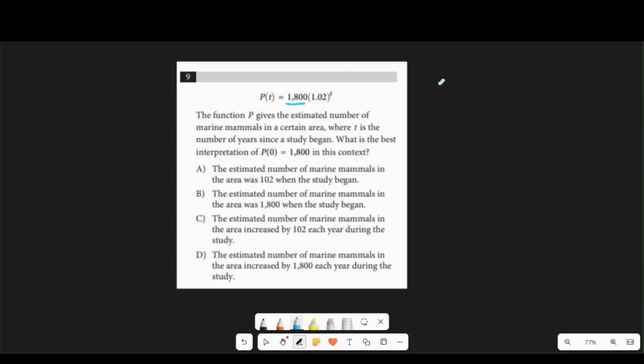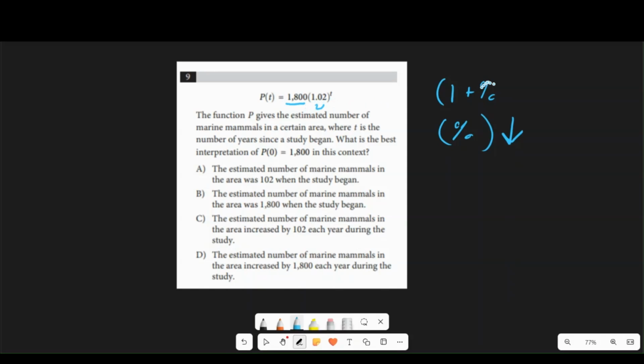You can tell this by whether the number in the parentheses has a 1 plus some percentage, or it's just a percentage. If it's just a percentage, it will be an exponentially decreasing equation. But here we were shown that it has a plus one.